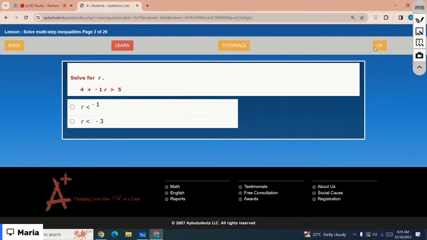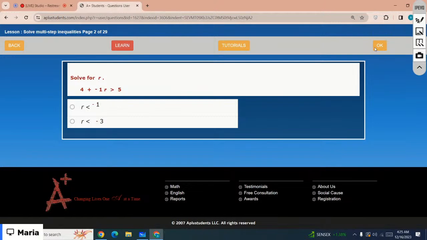Okay, the next one is solve for r, which is the correct option. Option number 1 is the correct option.